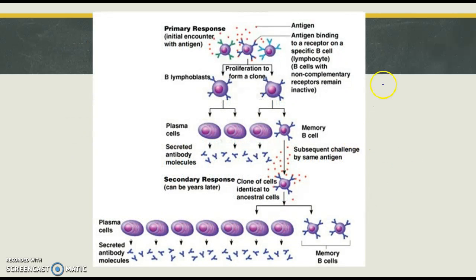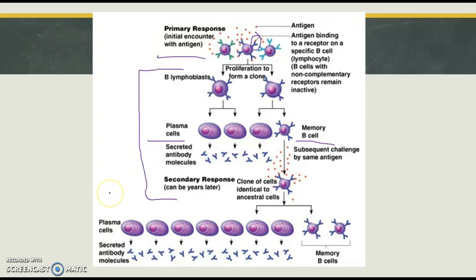So if we look here, here is our first encounter with the foreign invader. It's floating around till it finds its match, and this cell goes, "Oh my gosh, that is not good. We do not want this in our body. So I'm going to start cloning like crazy." And 2 types of cells are going to be made: plasma cells and memory cells.